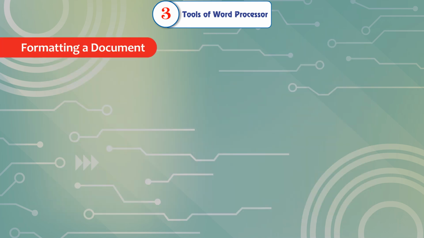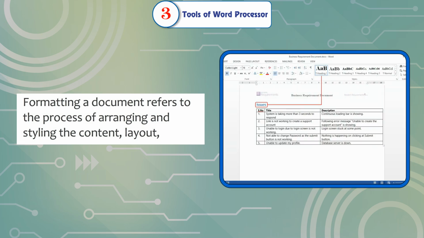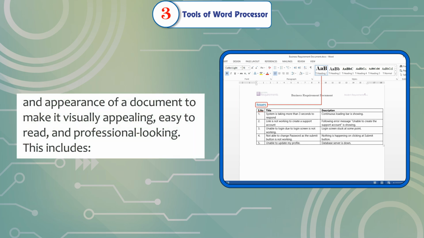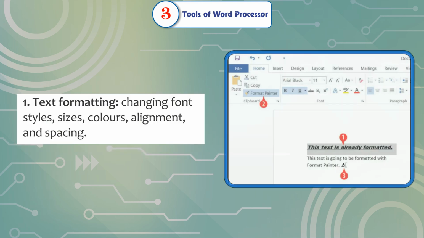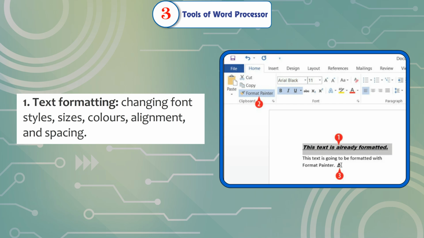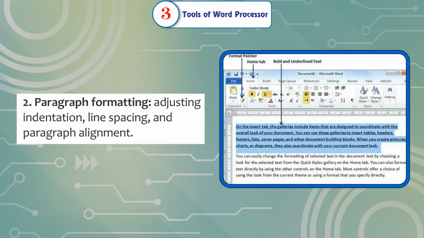Formatting a document. Formatting a document refers to the process of arranging and styling the content, layout, and appearance of a document to make it visually appealing, easy to read, and professional looking. This includes: 1. Text formatting: changing font styles, sizes, colors, alignment, and spacing. 2.